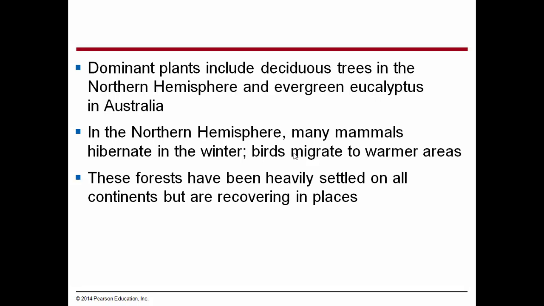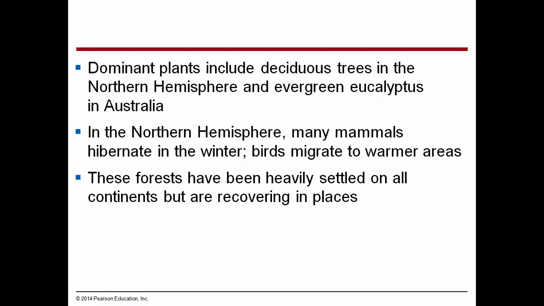These forests have been heavily settled on all continents, but they are recovering in places. So basically, all of the forests that you see around here in Virginia and all around the East Coast are all secondary regrowth. There are only very few places that have primary forests that haven't been cut.